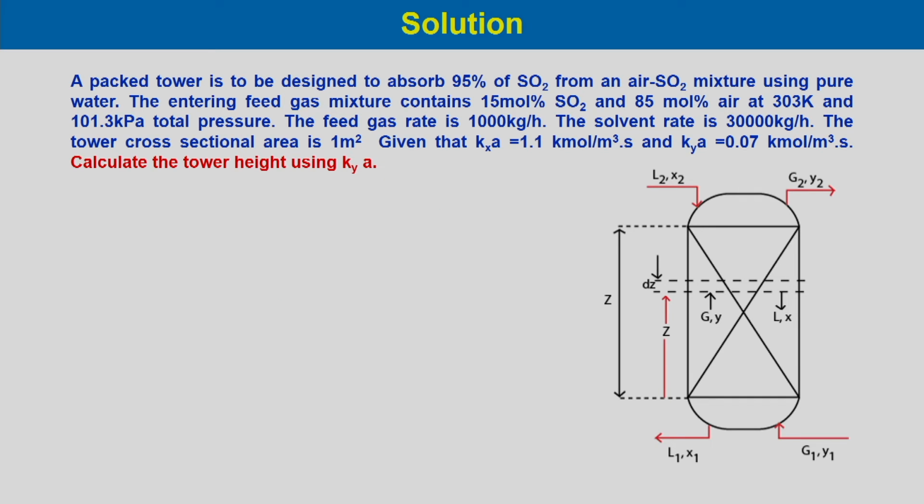Now, as per the problem, in the packed tower we have to absorb 95% of the SO2 from the air sulfur dioxide mixture. So, 95% of G1 y1 is to be absorbed.